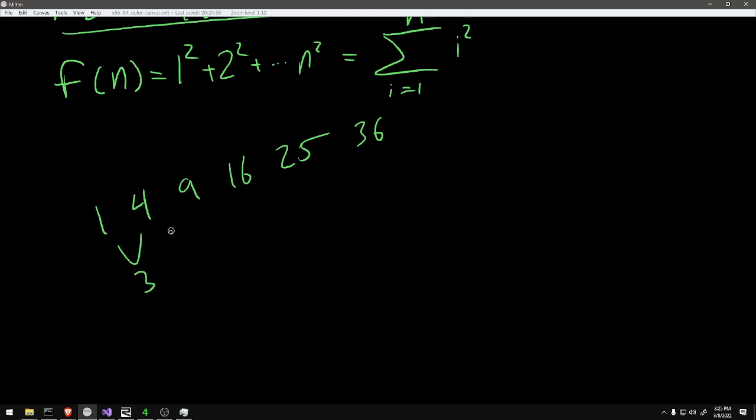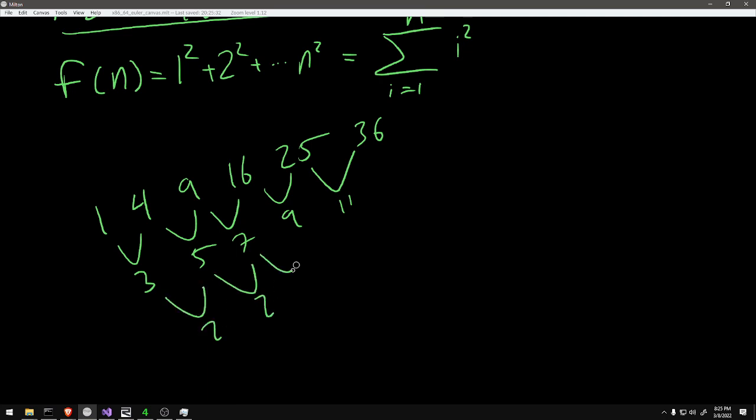These grow by an unequal amount each time. So 3, 5, 7, 9, 11. But then if you look at this, those are growing by an even amount each time, right? So what's interesting here is like this is linear, or this is constant. This is linear.